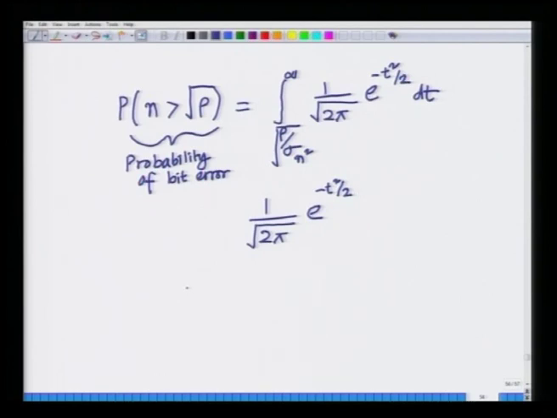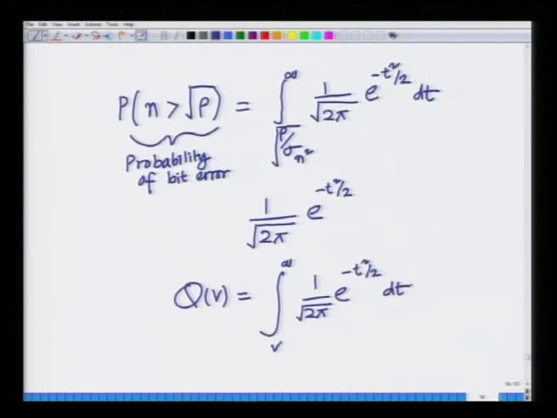Now, let me define the standard Q function as Q of v equals the integral from v to infinity of 1 over square root of 2 pi e power minus t square by 2 dt. What Q of v denotes is essentially the probability that the standard normal is greater than v, that is, lies in the interval v to infinity.